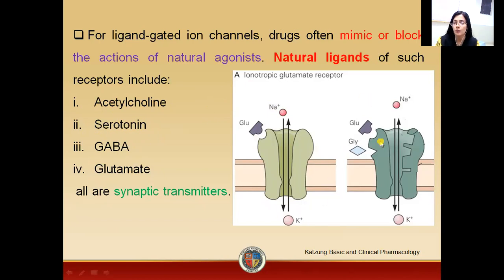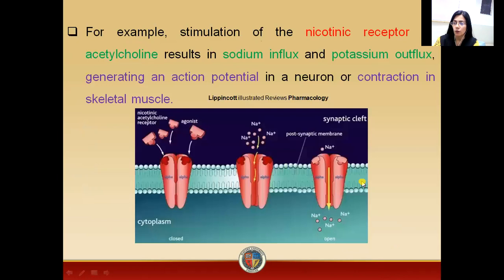This figure is actually representing how glutamate binds itself to the receptor, and as a result of this binding of the ligand to the receptor, there is influx of the sodium ions and efflux or outflux of the potassium ions. Similarly, this figure is representing two drugs, that is glutamate and glycine. We will discuss these drugs later on.